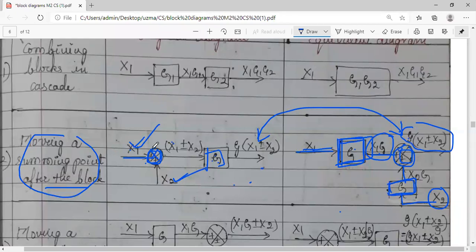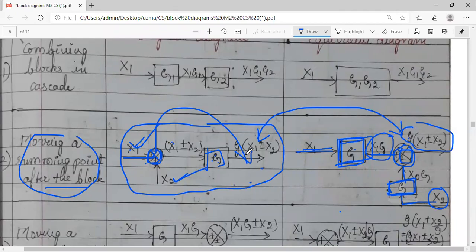That is the difference. If you come across something like this in your block diagram while reducing in your problems, you can move this summing point after the block according to the convenience, according to the requirement. Block diagram reduction may not be the same everywhere. If 4 to 5 students are solving one single problem, there may be many ways that they attempt.